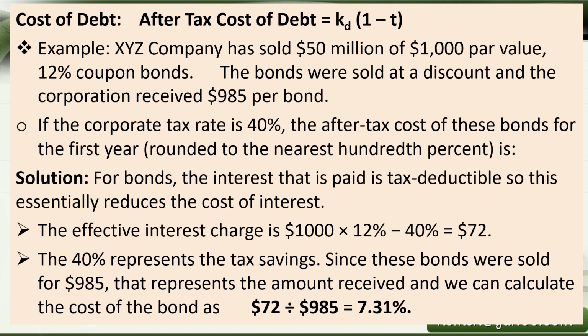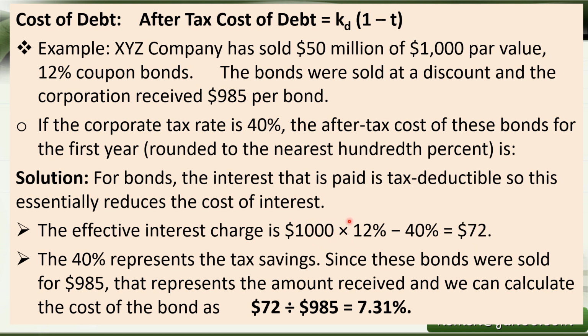If the corporate tax rate is 40%, the after tax cost of these bonds for the first year, rounded to the nearest 100%, is, so the calculation. The effective interest charge is on the 1000, 12% coupon bond, minus the tax rate of 40%, so it comes to $72.